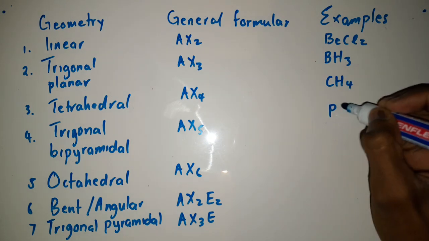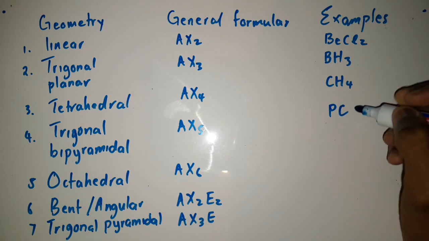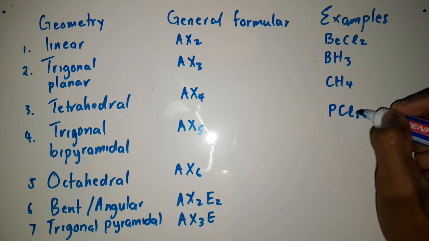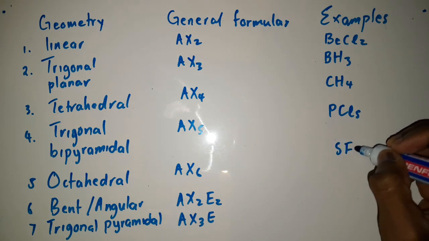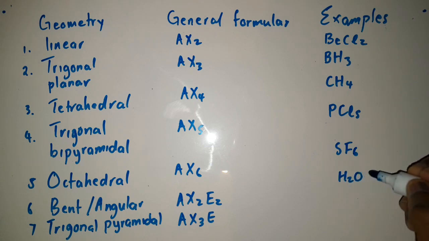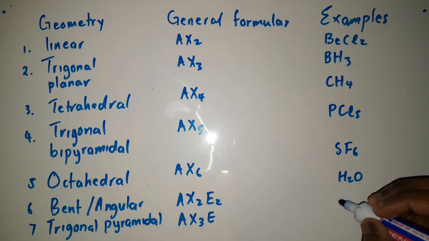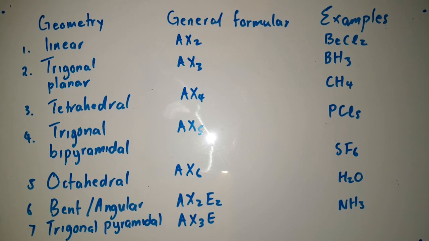Then somewhere here we have phosphorus pentachloride. Then we have sulfur hexafluoride. Then we have H2O, which is known as water, and NH3, which is known as ammonia. This is a quick summary for you to understand this concept.